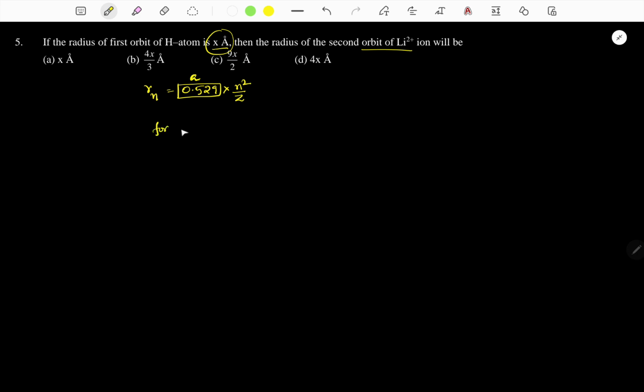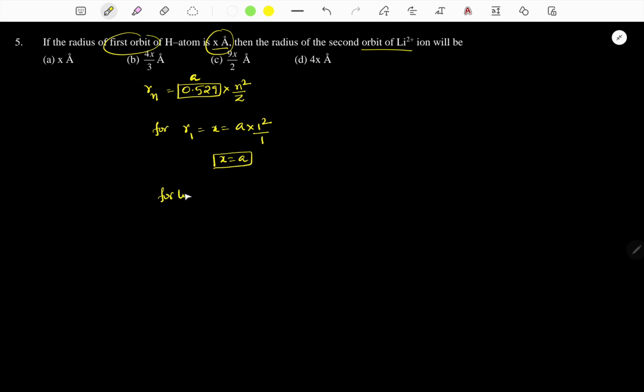Therefore, for hydrogen, radius of first orbit x equals a into 1 square upon atomic number 1. Therefore, x equals a.